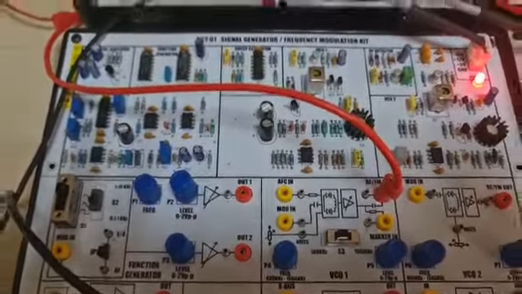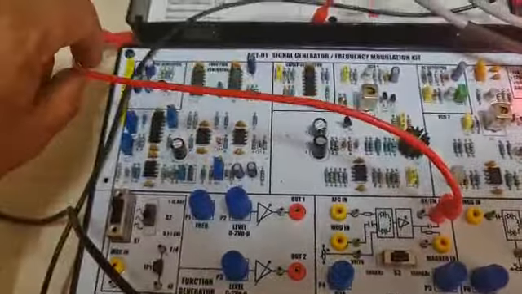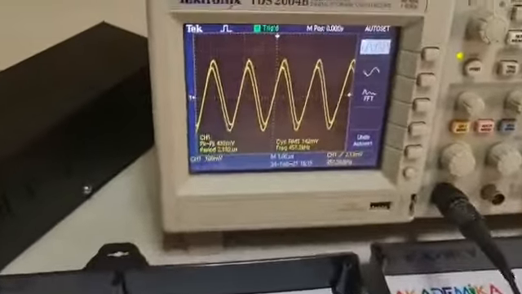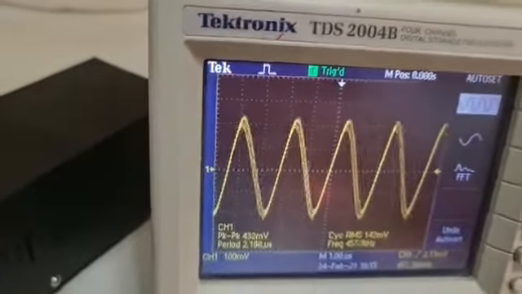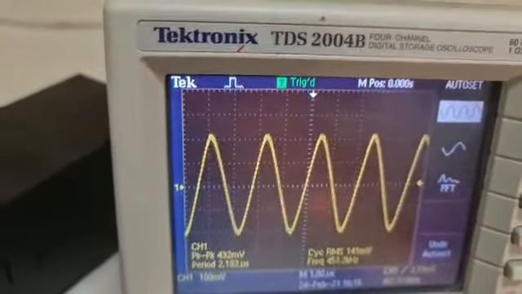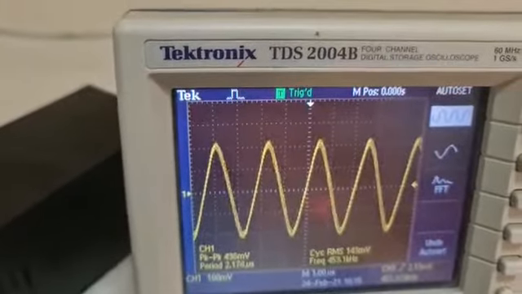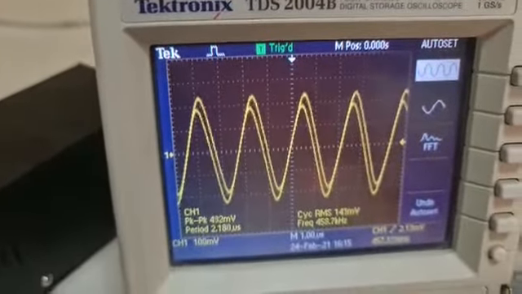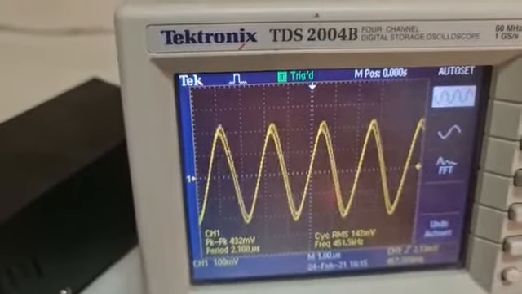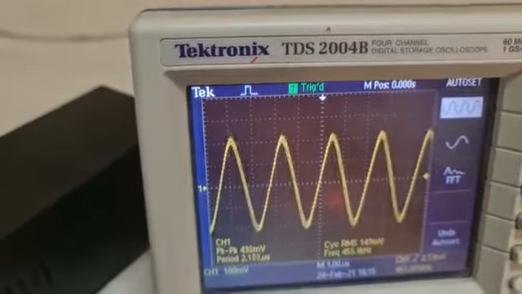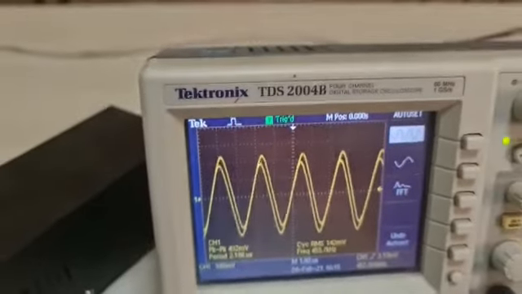We'll see it in the CRO. This output is given with the help of the CRO probe to the CRO, and this is the output from a high frequency oscillator, 455 to 456 kilohertz. So it's a high frequency signal. This is the carrier wave.